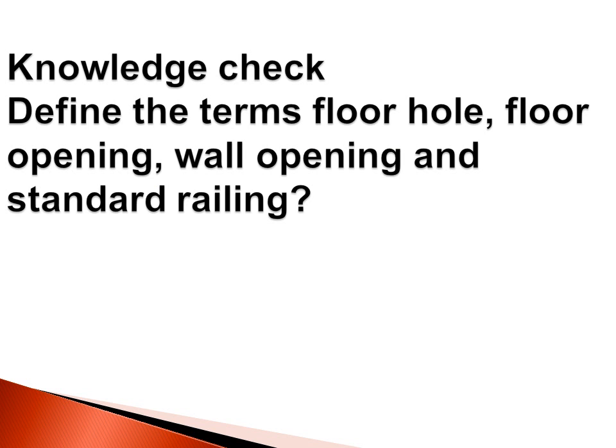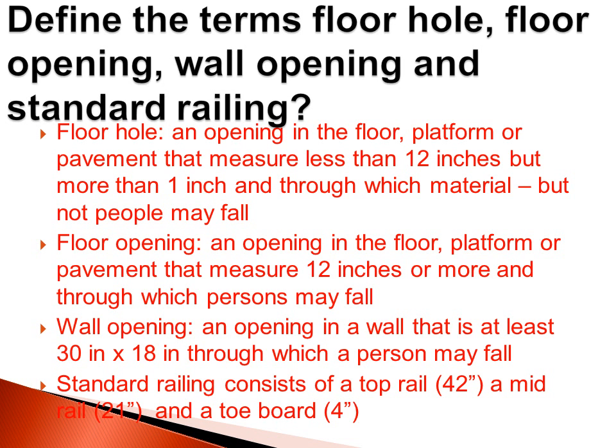Define the terms floor hole, floor opening, wall opening, and standard railing. A floor hole is an opening that's less than 12 inches but greater than 1 inch, and so materials can fall through and also somebody can trip over it.